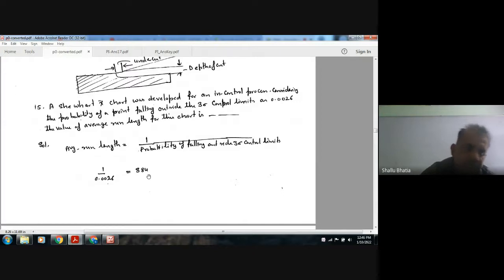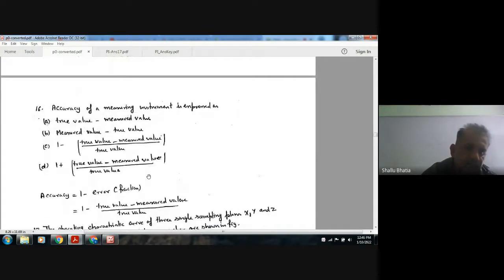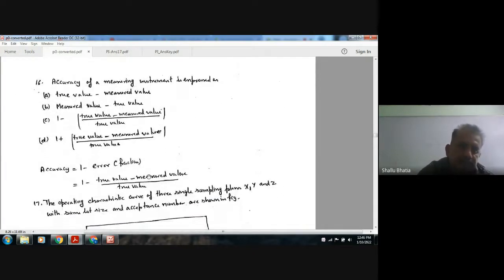Okay. Next, the accuracy of a machining instrument is expressed as: option A, true value minus measured value; B, measured value minus true value; C, 1 minus (true value minus measured value) by true value; D, 1 minus (true value minus measured value) by true value.